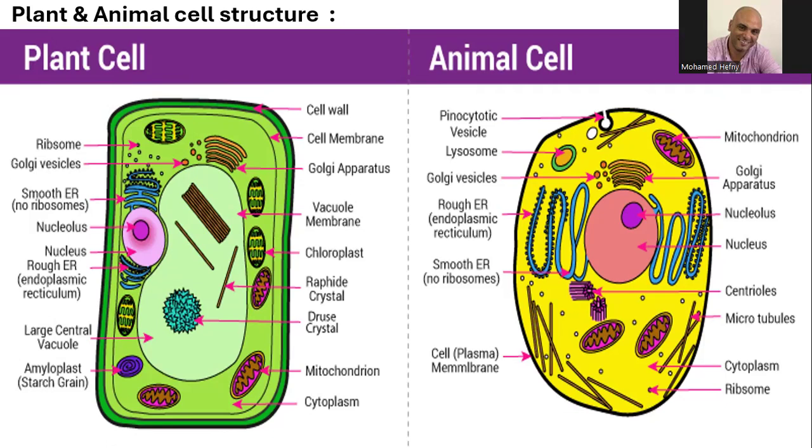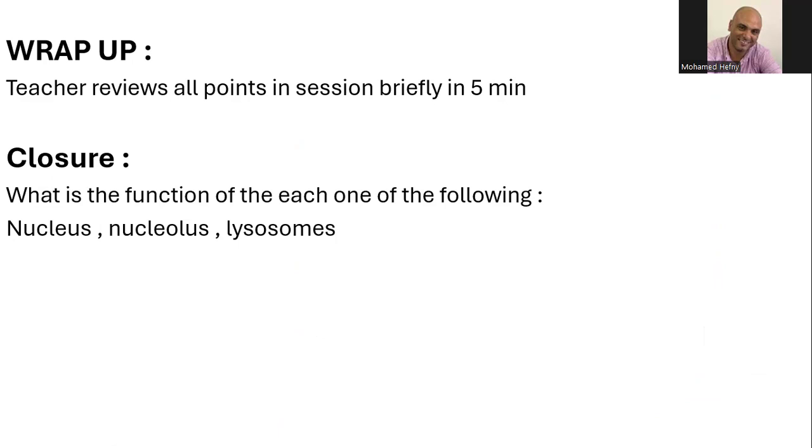In animal cells, there is smooth endoplasmic reticulum and rough endoplasmic reticulum and lysosomes, vesicles, Golgi apparatus, nucleus, and cell membrane, like the plant cell. After finishing the session, the teacher reviews all points in the session briefly in 5 minutes.